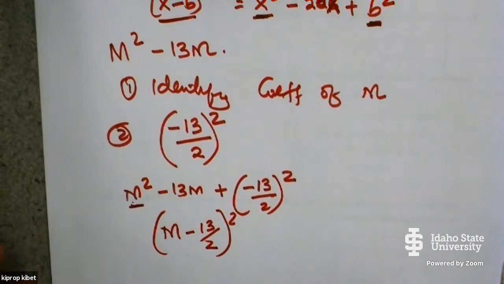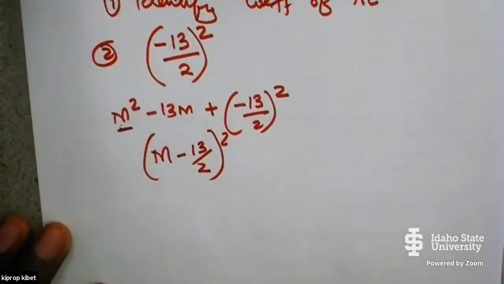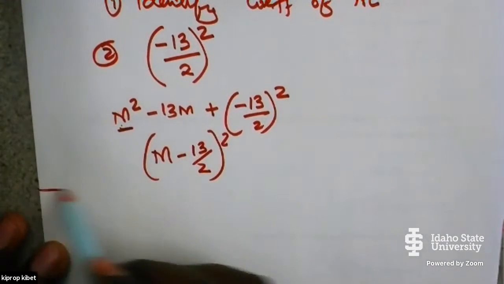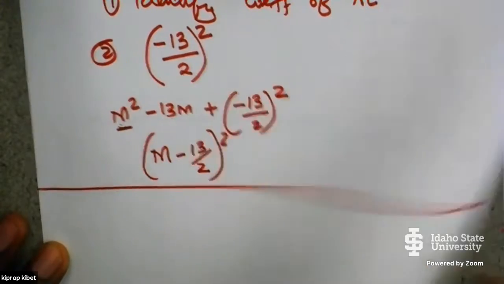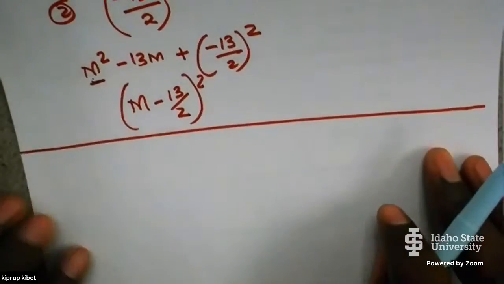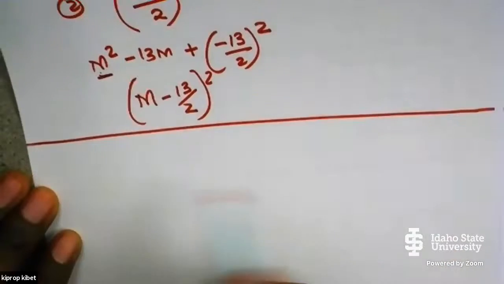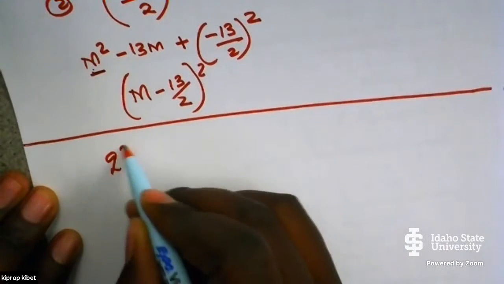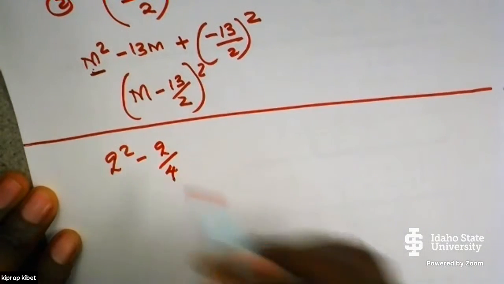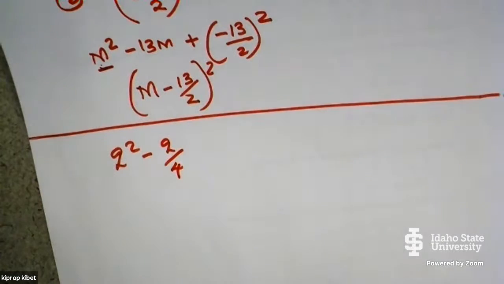Okay, so another example. Here you're given q squared minus q over 4. Complete the square to make a perfect square trinomial, then write the result as a binomial squared.